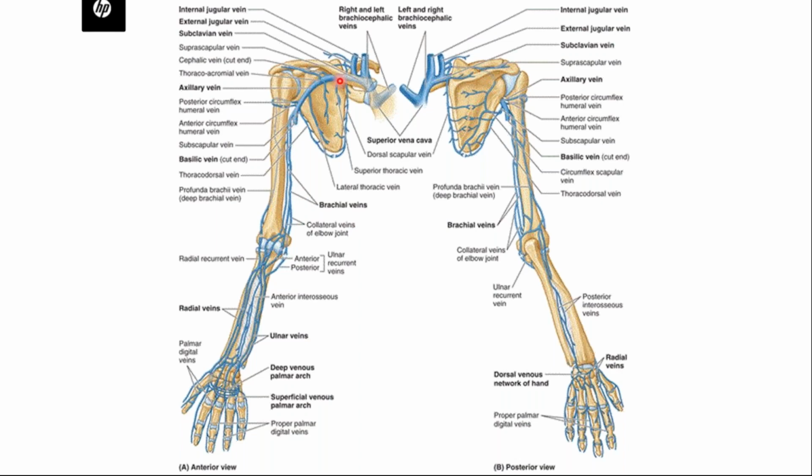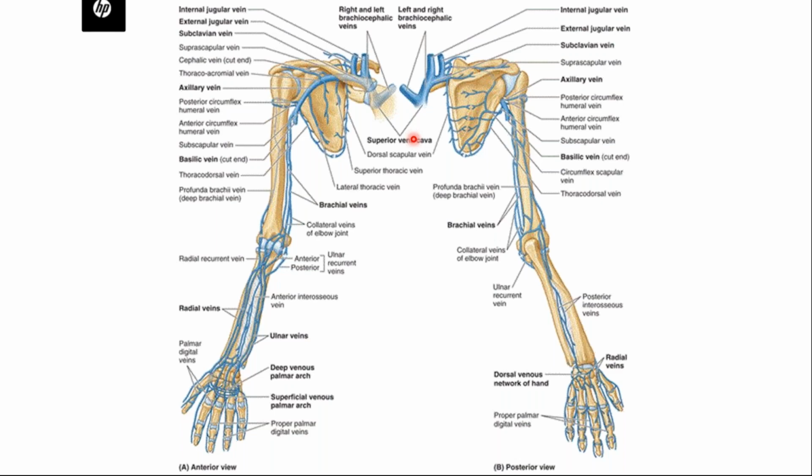The axillary vein continues as the subclavian vein. The subclavian vein joins with the internal jugular to form the brachiocephalic vein. The right brachiocephalic vein joins with the left brachiocephalic vein to form the superior vena cava, which then drains into the heart.